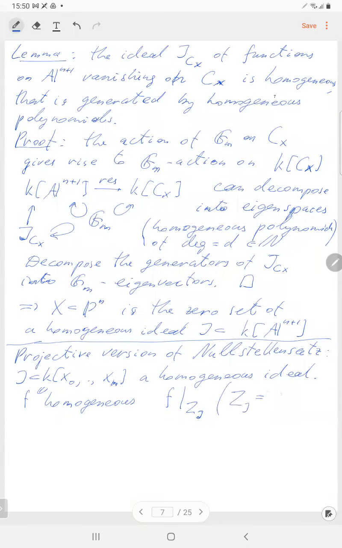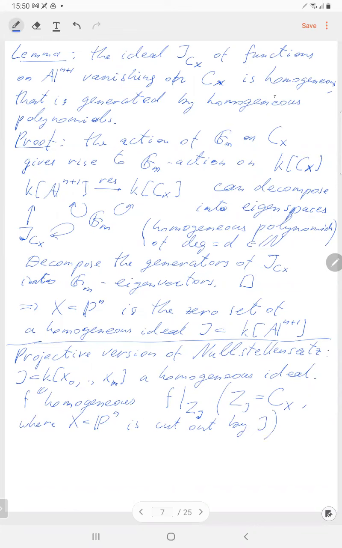The zero set of this ideal J is the cone of a certain X in Pn that is cut out by this homogeneous ideal.